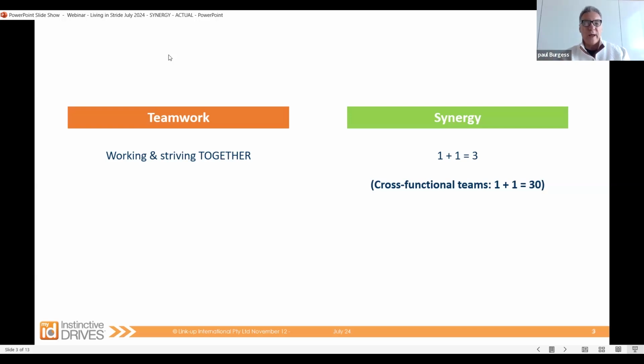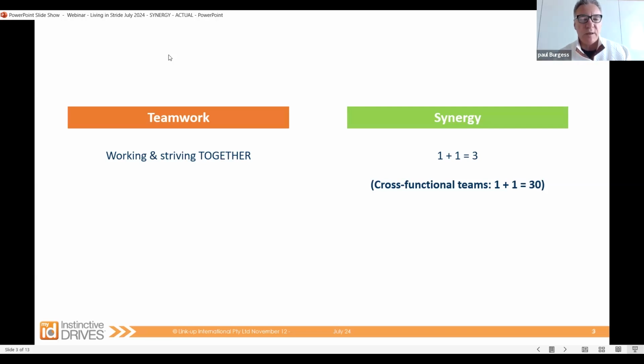The part I wanted to call out is that there is a significant difference between people working in functional teams versus cross-functional teams. The feedback we're getting is that cross-functional teamwork is like 10 times the value of functional teamwork. So that's why I put in the point that it's not 1 + 1 = 3, it's 1 + 1 = 30, being 10 times the functional teams.